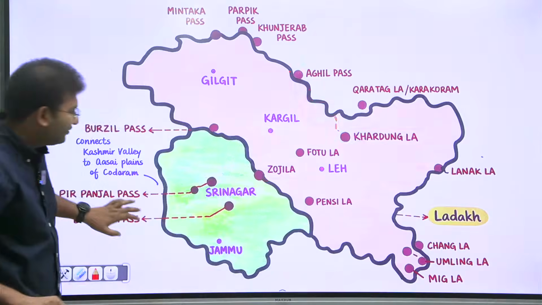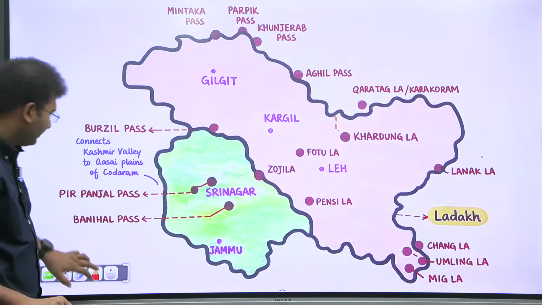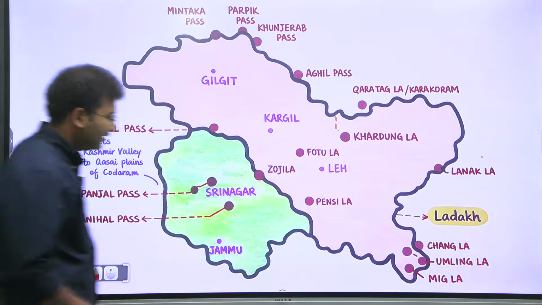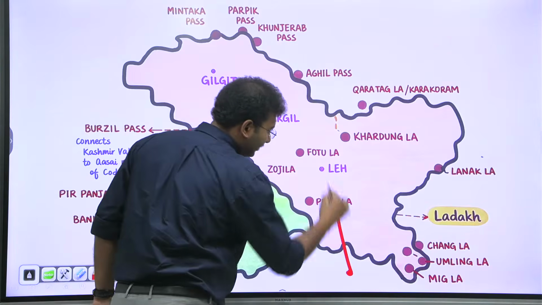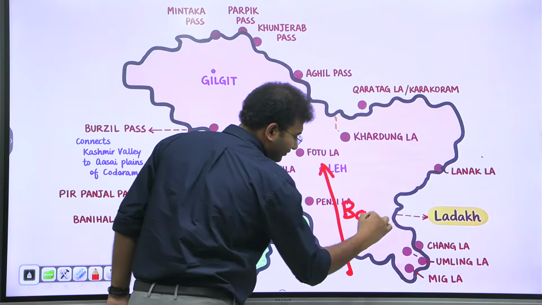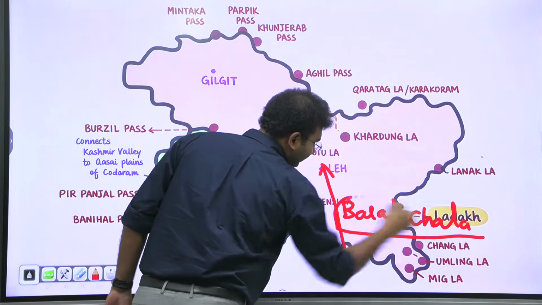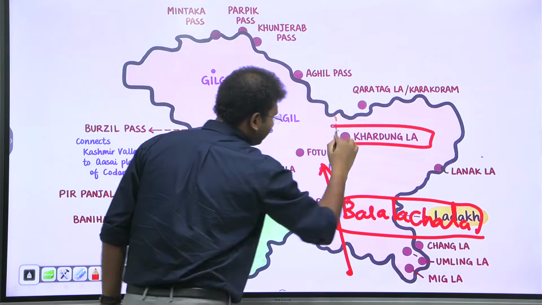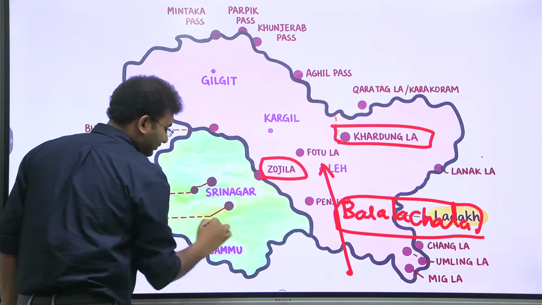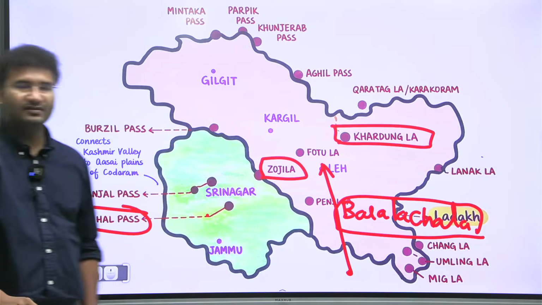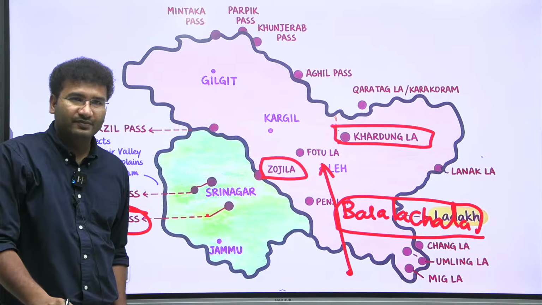If you want to travel from Himachal Pradesh to Leh, Bara-Lachala, right? These are the important passes: Bara-Lachala, Kardungla, Zojila, Banihal. Okay? These are the important passes that you are supposed to know.